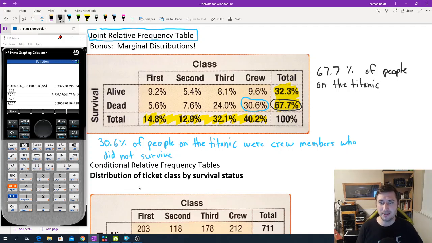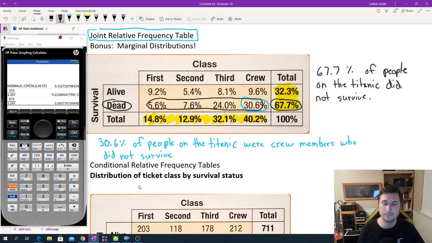Now, what is true about that 67.7%? Well, that's adding up all of these. And all of those people did not survive. Okay, so that is the joint relative frequency table, probably the more simple one.